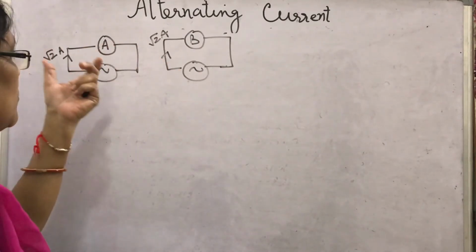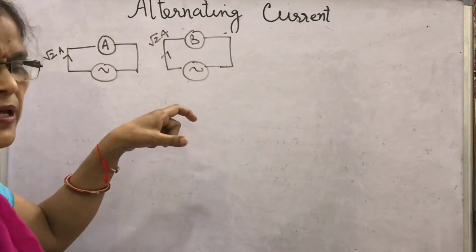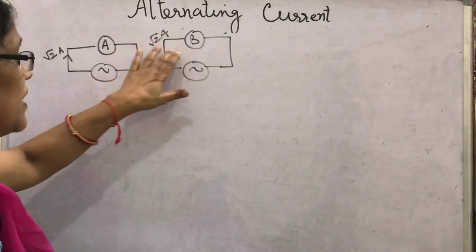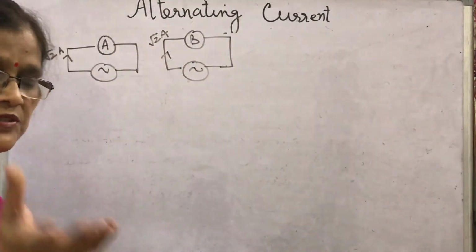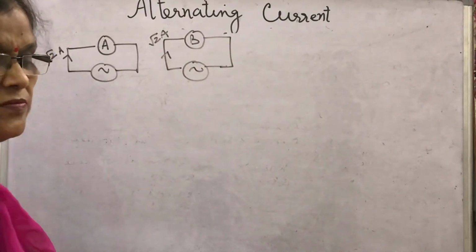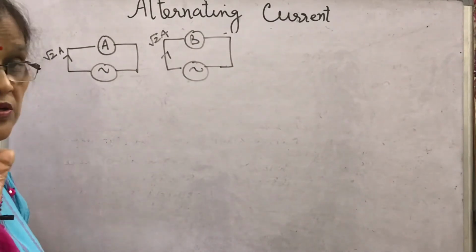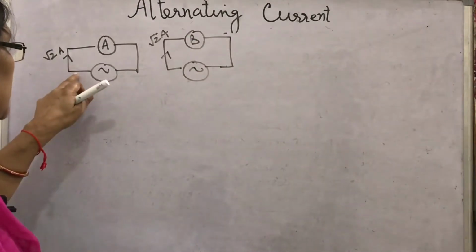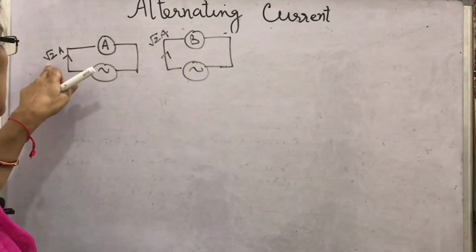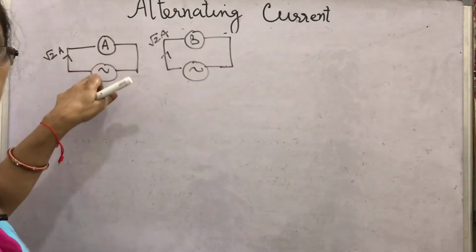What are these A and B elements? Name them, and when both of them are connected in series with the same source, find the current in the circuit. Look, in the first case, when the element is A, current is root 2 ampere and current remains in phase with the applied voltage.